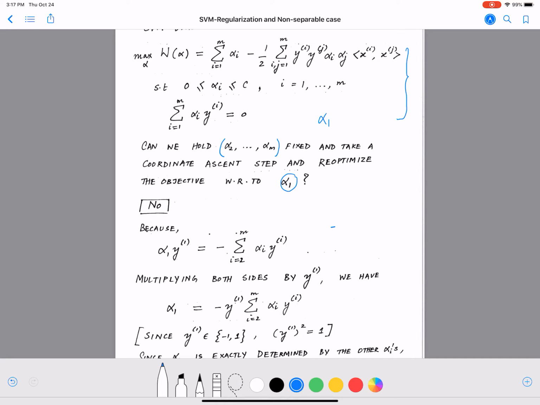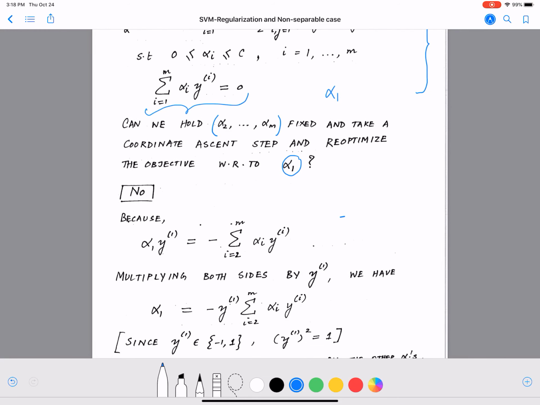The answer to this question is no. Now think about it. We have an equality constraint, which comes in the way. If we just isolate alpha 1, let's say alpha 1 y1 is equal to the sum from i equals 2 to m of minus alpha i yi, right? This is because we are taking all other alpha i's except alpha 1 to this side.